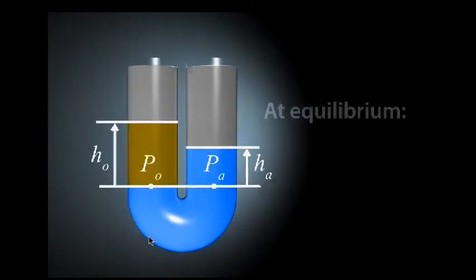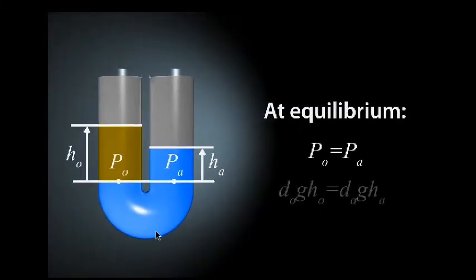And then at equilibrium we have the pressures, and we can equal the pressures. Density of oil times gravity times height of oil equals density of água times gravity times height of água. And we can actually calculate the difference.